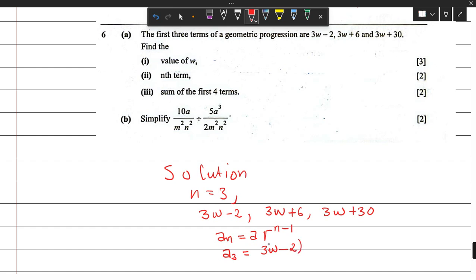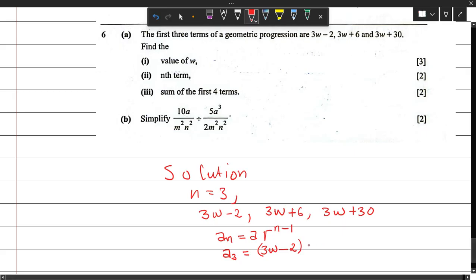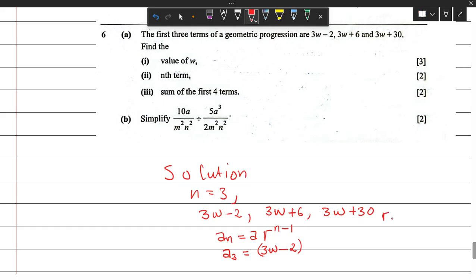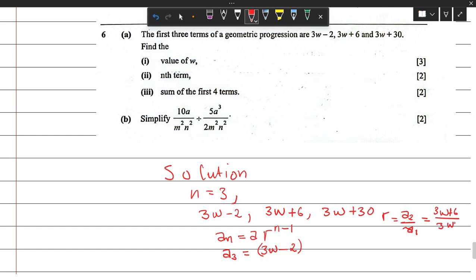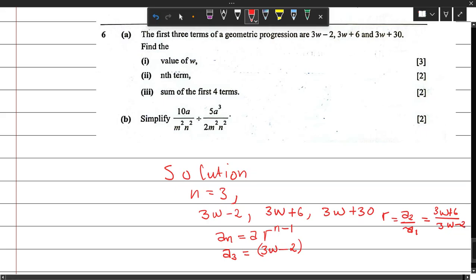This is our first term. Then R, if you remember very well, I've said you can calculate R by dividing the next term by the previous term. So here, our second term is what? 3W plus 6 over first term 3W minus 2.